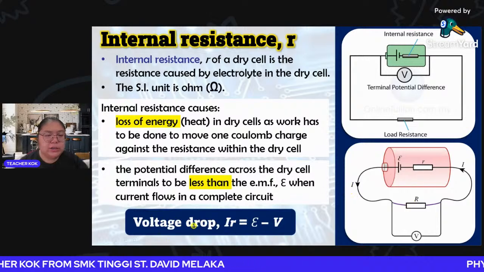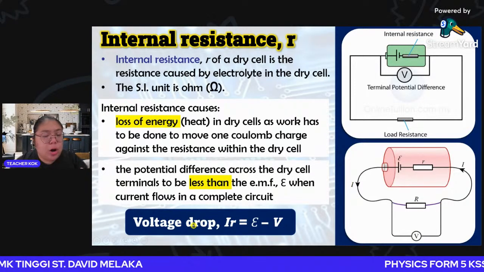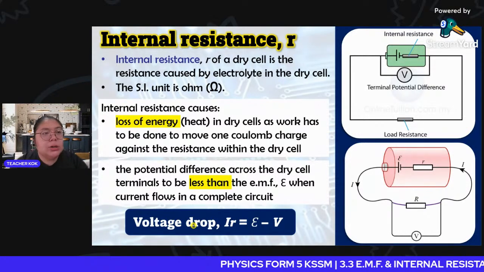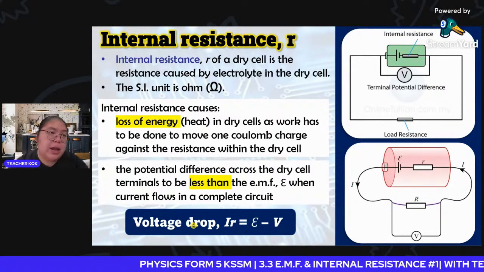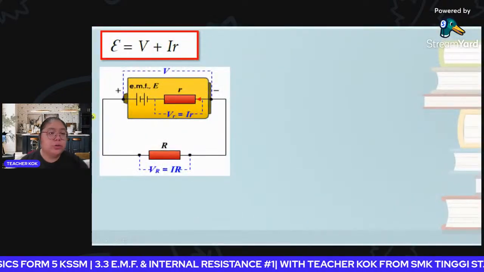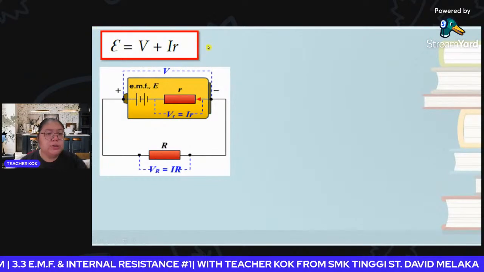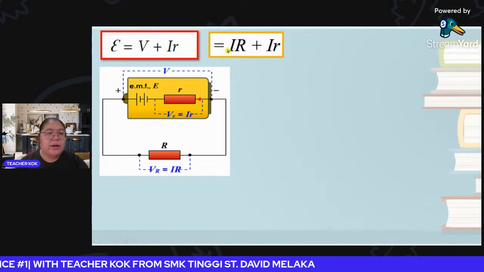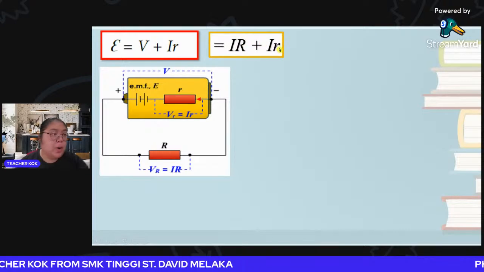Okay, so finally, I just want to introduce voltage drop. The formula is I small r equals EMF minus potential difference. Now I want to conclude this equation. So this equation we can write as I times capital R plus small r.